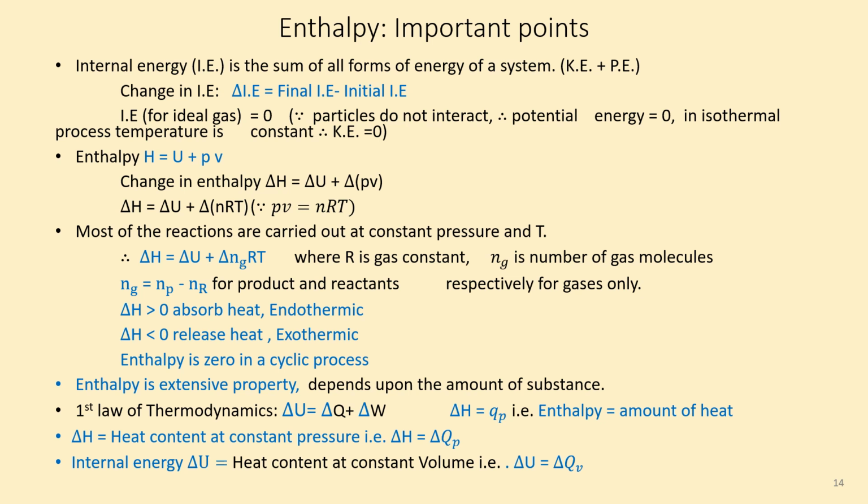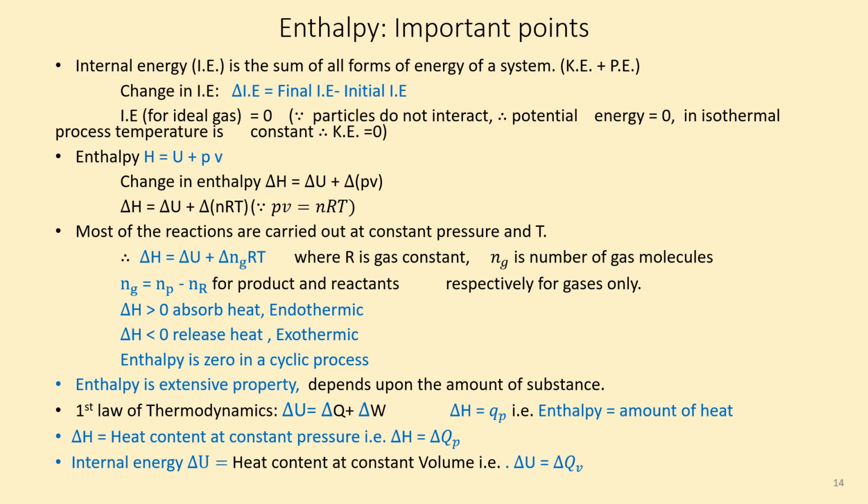First law of thermodynamics states that delta U is equal to delta Q plus delta W, where delta U is the internal energy change, delta Q is the heat content and delta W is work done. Therefore, delta H is equal to Qp, that is, enthalpy change is nothing but the amount of heat, the heat content at constant pressure.